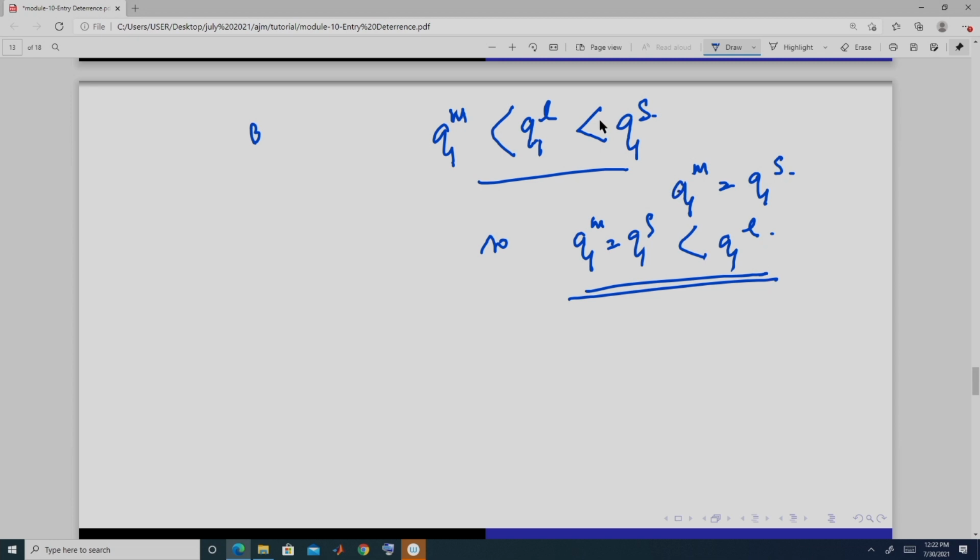Because of this, we will not have this case, okay? Because in this example, we do not get anything like this, because this is equal to this. So, we get this.